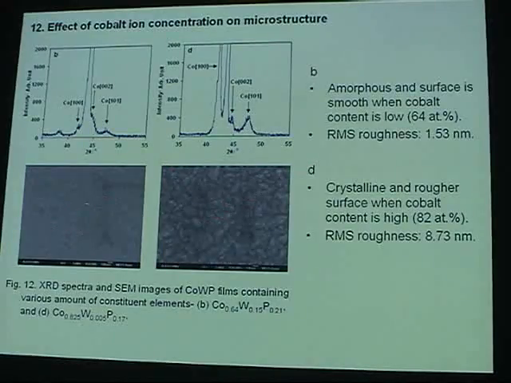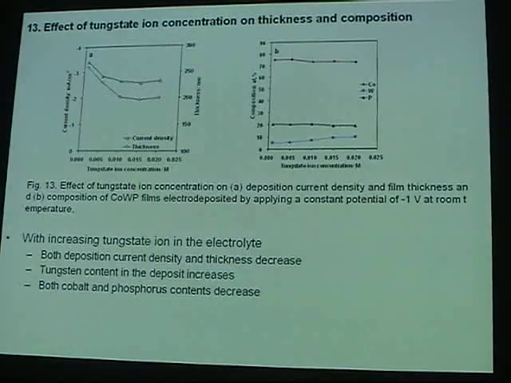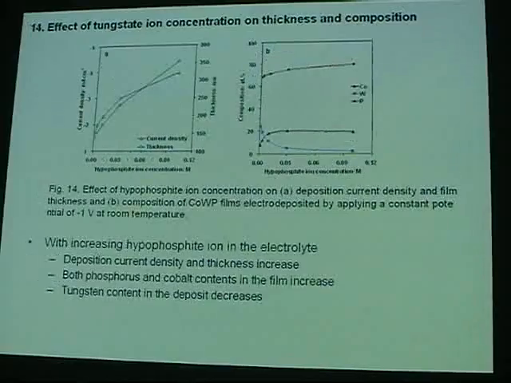But if we have a relatively low amount, 64% cobalt, then we get an amorphous type of film, and we normally desire this type for the capping layer. And this is the effect of the constituent ion concentration on the thickness and deposition.